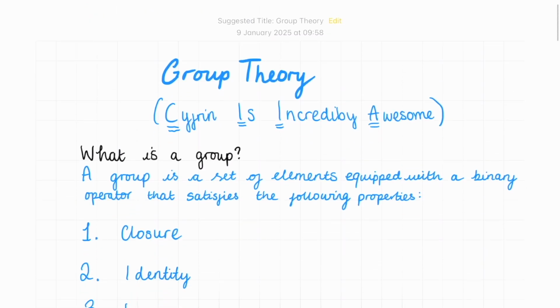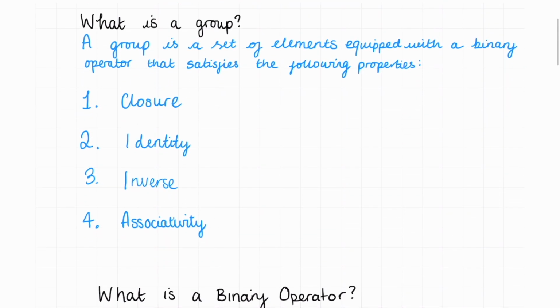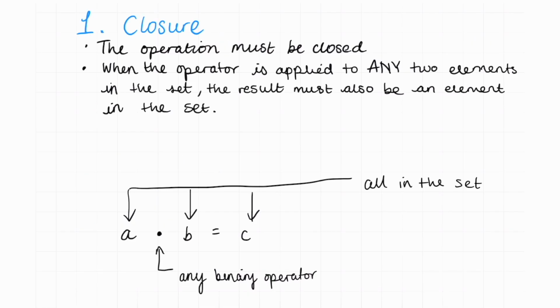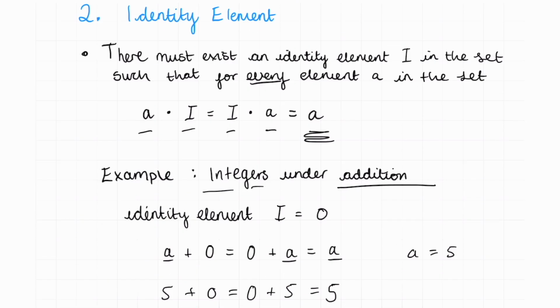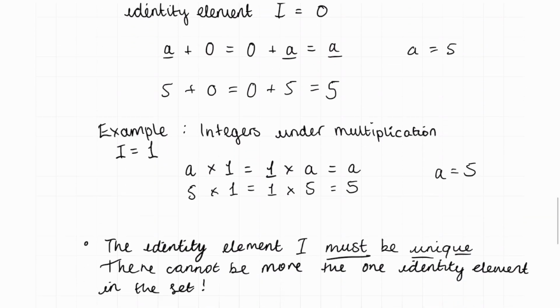To summarize, if we take a set of elements and equip them with a binary operator, and then those elements with that binary operator satisfy closure, and remember that closure means that if you apply the operator to any 2 elements, then you get another element in the set. There also must be an identity element, so any element operated on with the identity element must yield the element itself.